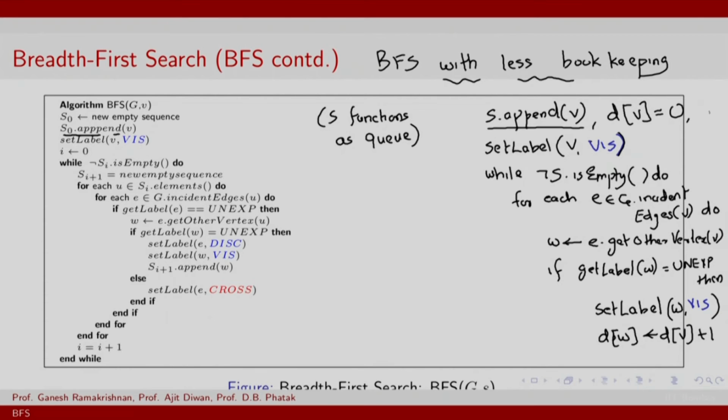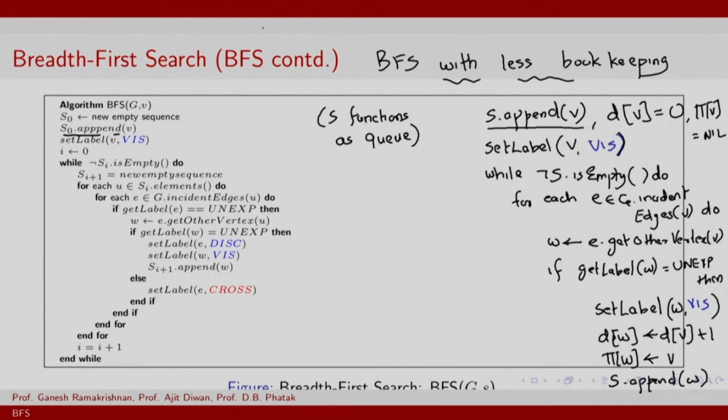I will also keep track of where we got to V from. So pi of V is nil, whereas pi of W is V. And finally, as promised, I am going to add my node W to the queue. So after having incremented the depth, I am going to say S dot append W.